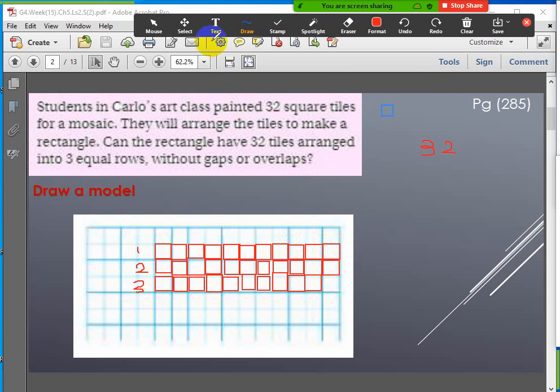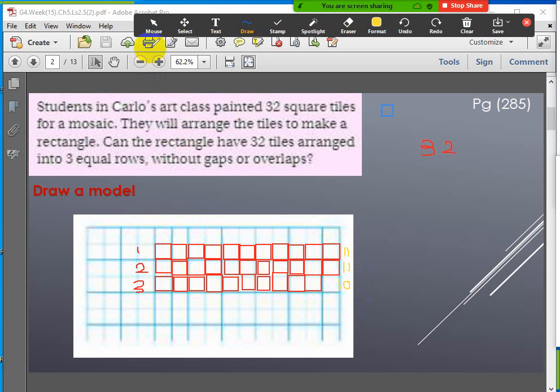Here I have 11 square tiles, and here 11, but here I have only 10. So can I divide 32 on 3 equal rows? No, I can't. Because when we drew a model, we found that 2 rows have 11 squares, but 1 row has 10. The rows are not equal.